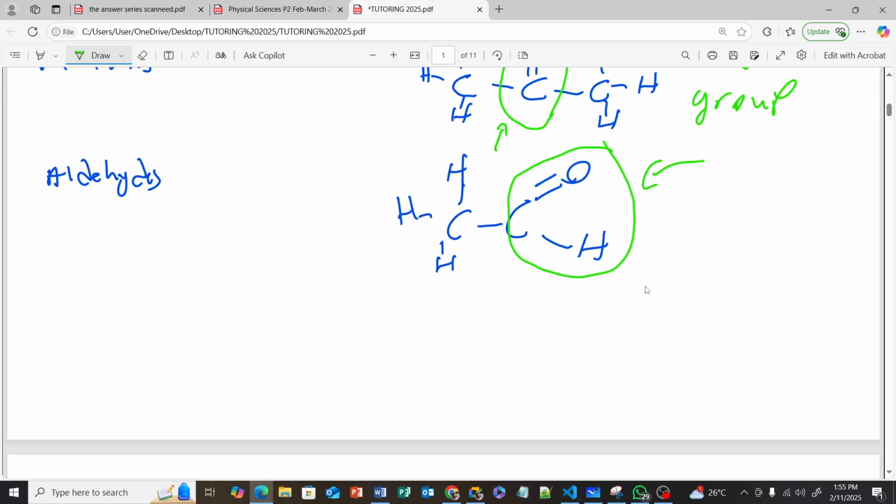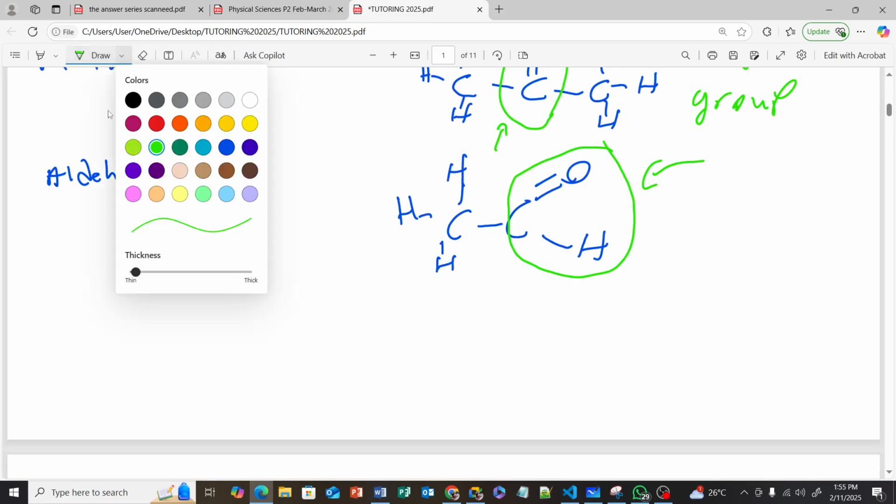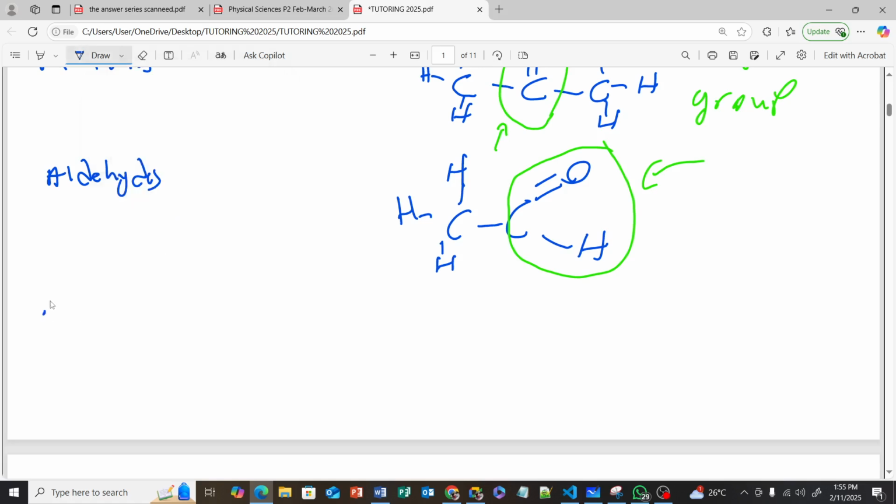Now we also have what we call carboxylic acids. Carboxylic acids look like this.